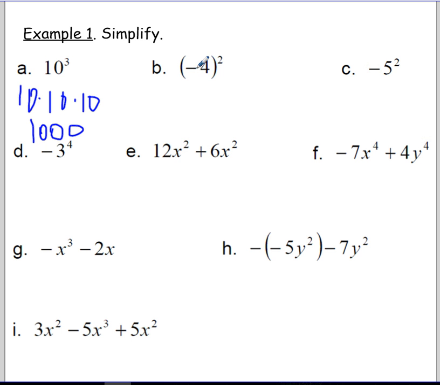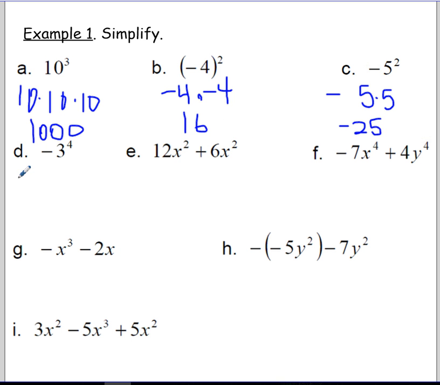We have negative 4 in parentheses squared, so the negative is part of the base, so we will do negative 4 times negative 4, which gives us a positive 16. C, there's no parentheses, so we have a negative of 5 squared, which means a negative of 5 times 5, or negative 25.